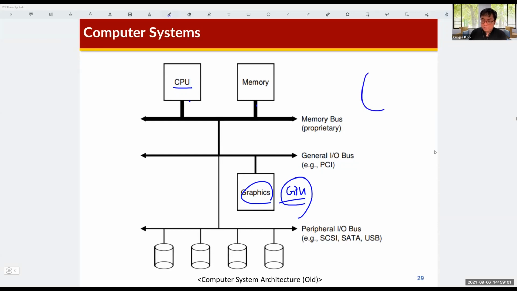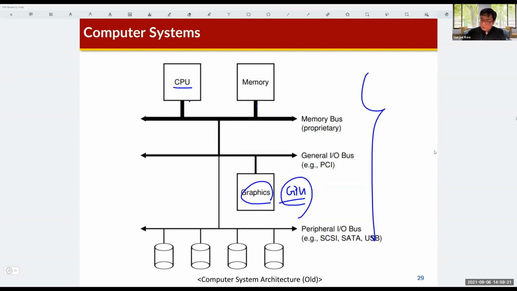So these are some simplified views of the computer system. It's a systemic view of the computer system. So this abstraction level is higher than our previous abstraction level.